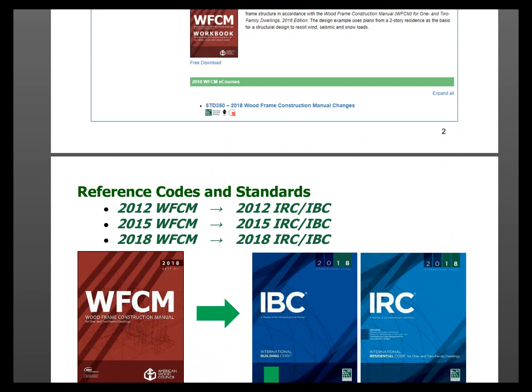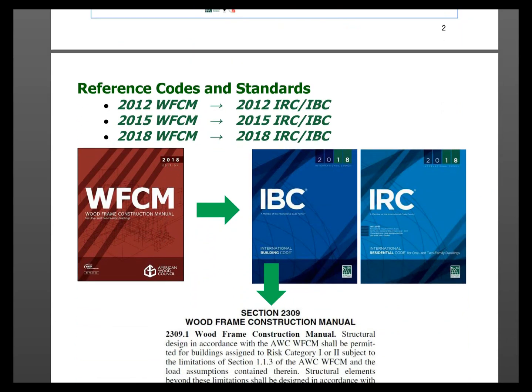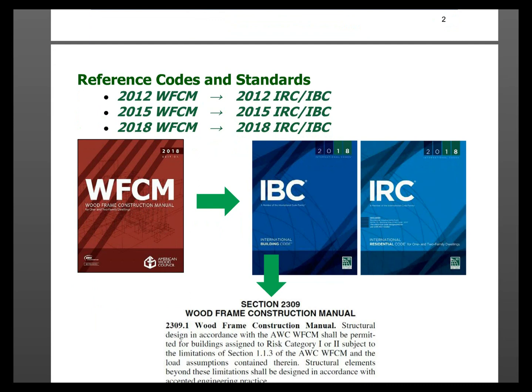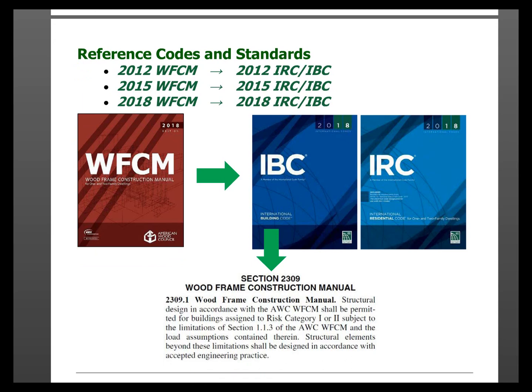So here's a little bit of a look back. Many of you are probably transitioning into the 2018 IRC and IBC if you haven't already, but most of you probably have been familiar with an older version of the Wood Frame Construction Manual in a previous edition of the codes. It has been referenced since at least the 2012 IRC. I believe it was in the 2009 as well.